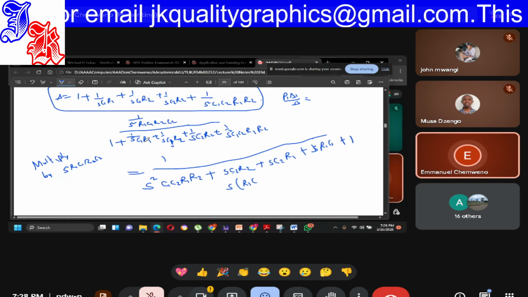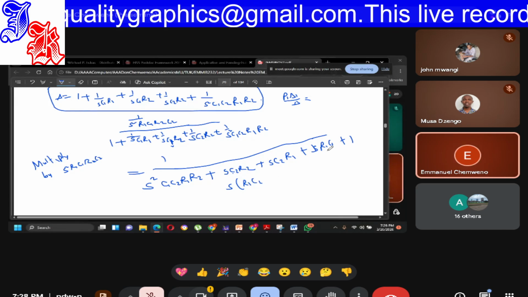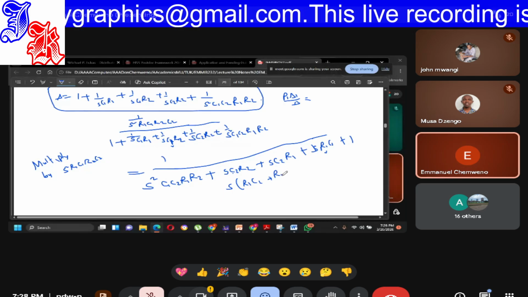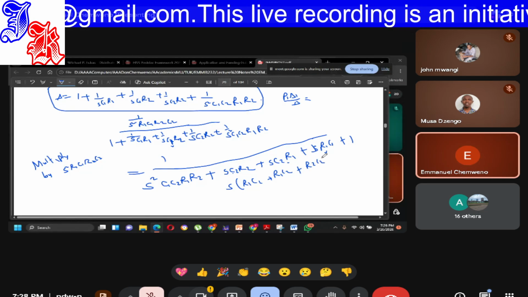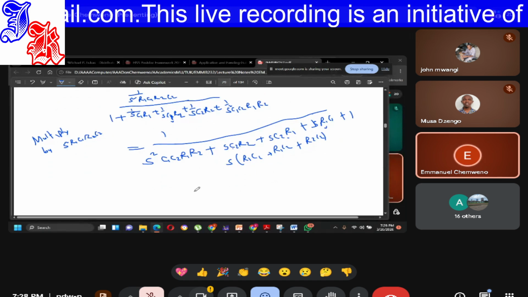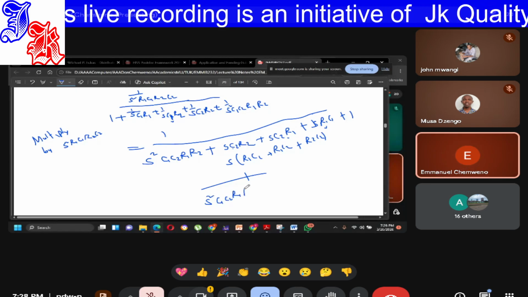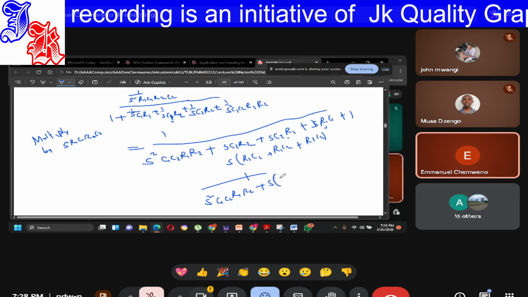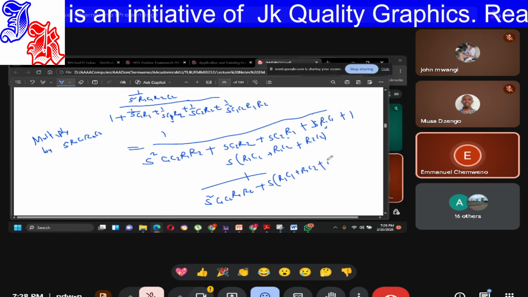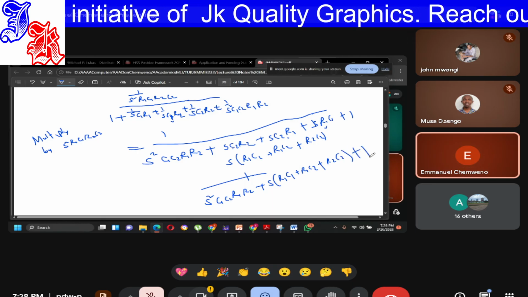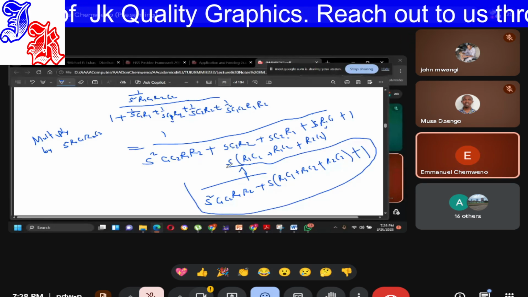These are 5 terms: S R1 C1, plus R1 C2, plus R2 C2. So the overall transfer function is 1 over S squared C1 C2 R1 R2 plus S R1 C1 plus R1 C2 plus R2 C2 plus 1, which you can confirm with what you have up there; it should be identical.